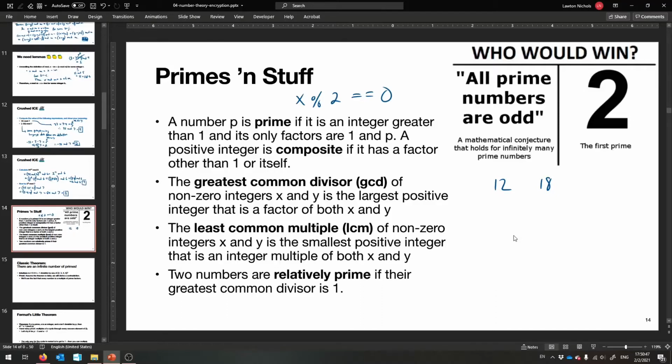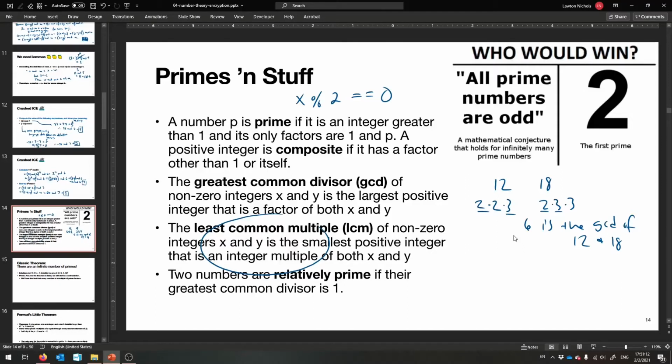Well, 12 is 2 times 3, and 18 is 2 times 3 times 3, right? And so they share what in common? A 2 and a 3, right? So 6 is the greatest common divisor. So 6 is the GCD of 12 and 18.